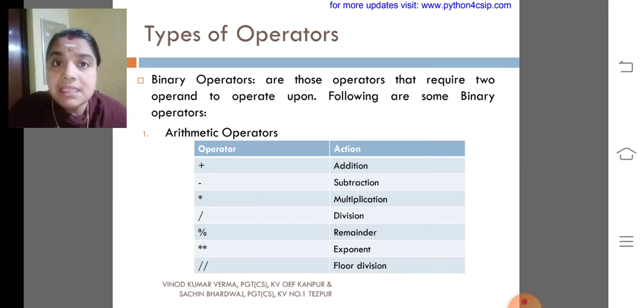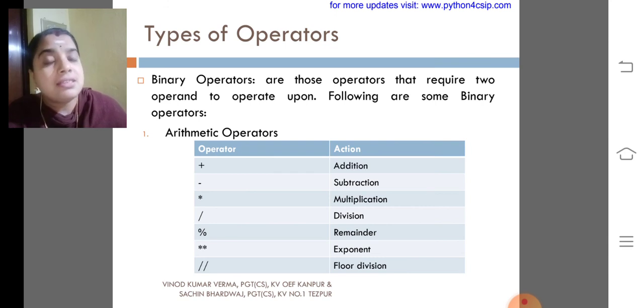Here the plus symbol is used for addition, the minus symbol is used for subtraction, and into, that is the asterisk, is used for multiplication. The forward slanting line is used for division, and percentage is used for getting the remainder of a division.